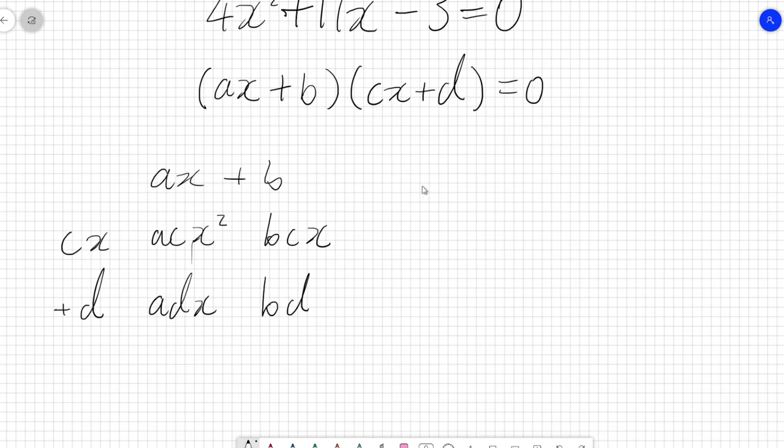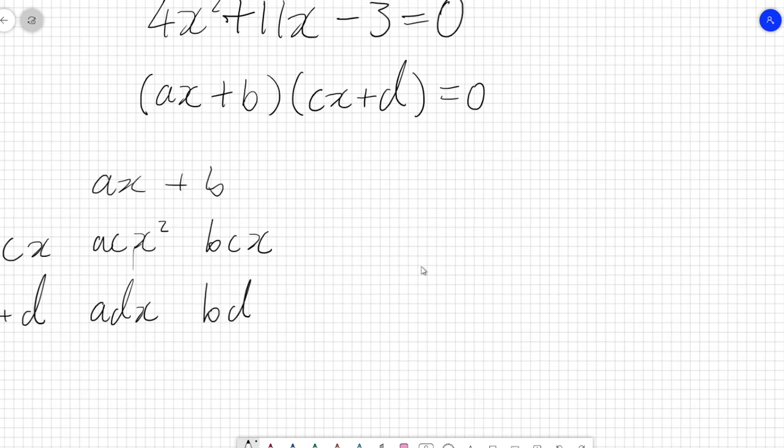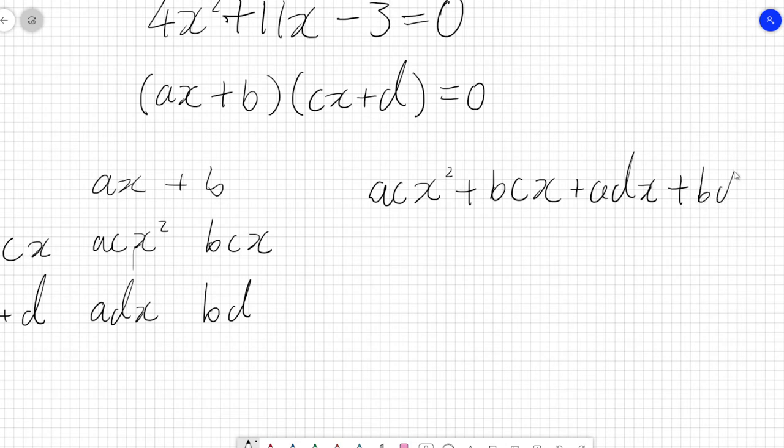So it expands into something quite messy, but we'll try to draw the link to the equation we already have soon. So it's acx squared plus bcx plus adx plus bd.